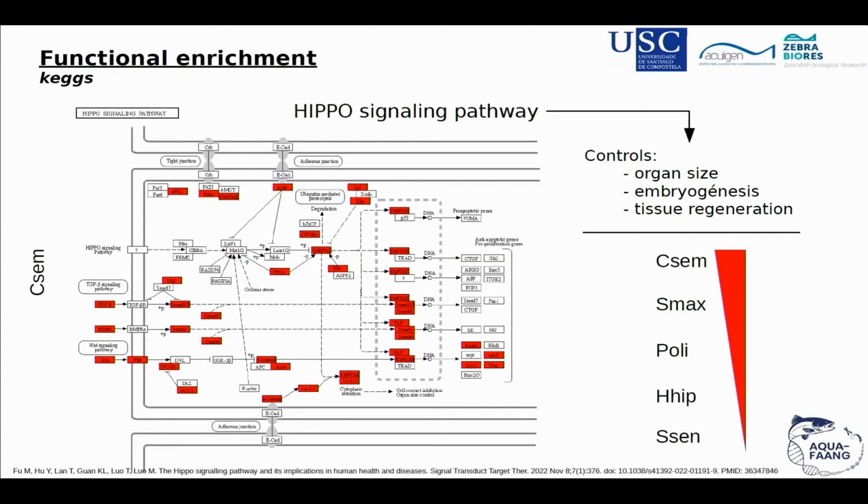In detail, the Hippo signaling pathway, which controls organ size, embryogenesis, and tissue regeneration, was highly covered by enriched genes, Cynoglossus being the species with more enriched genes, and the number of enriched genes decreased in the other species.